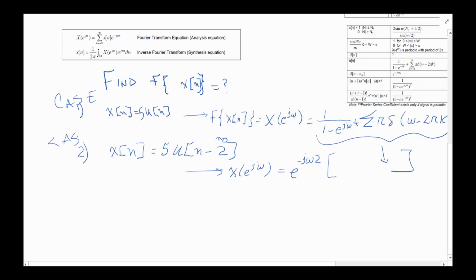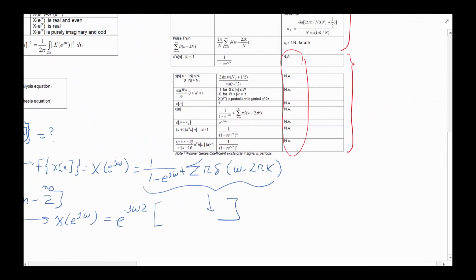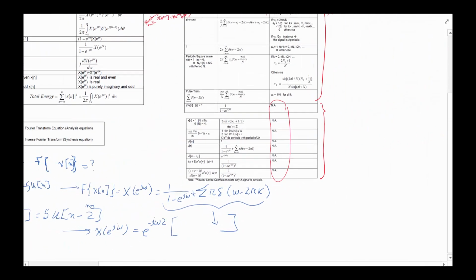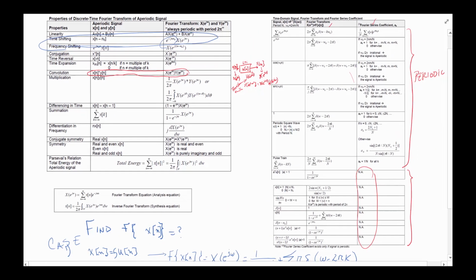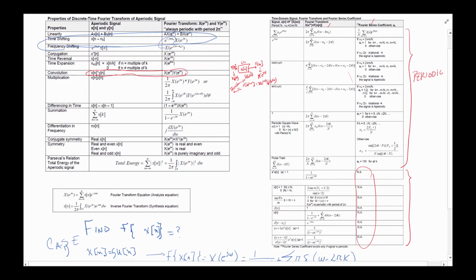That was case 1, case 2, and case 3 might be something that you just don't have in your list of functions, and there is literally no way for you to convert it from here to there to figure it out.